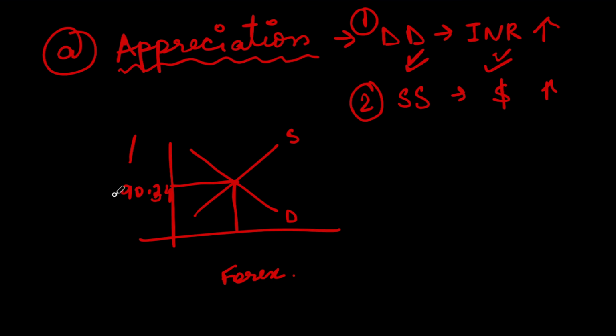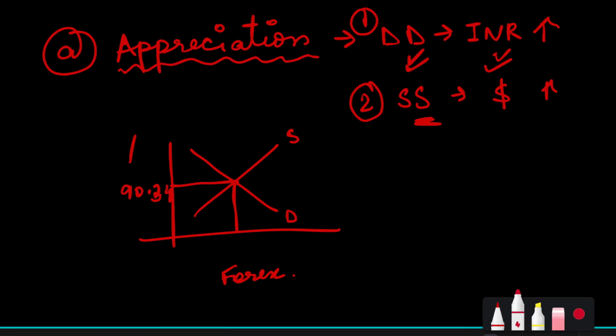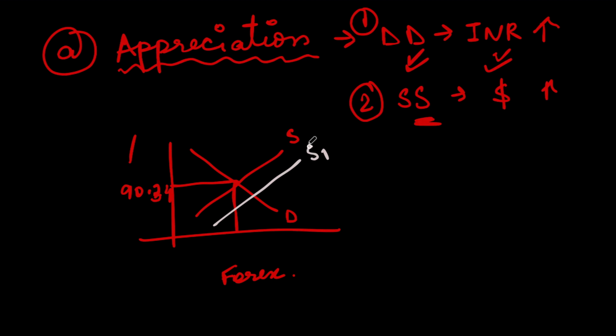Because this is the dollar's market, what has happened to the dollar? The supply has increased. So you will have to show how supply must have increased. This is how you will represent it on the curve: the amount must have come down from $1 equals 90.34 to 90.25. This was my earlier equilibrium, and now this is my new equilibrium. So this is one way of showing it.